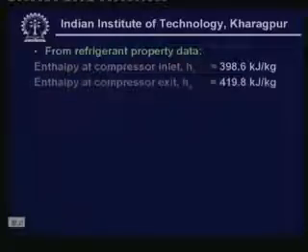And for enthalpy at compressor exit, we know the condenser temperature, that means we know the exit pressure, and we also know the exit entropy because this is an isentropic process. So at the exit condition we know the pressure and entropy, and the exit condition lies in the superheated region. So from the superheated property tables, from the known values of pressure and entropy, you can find out the other properties.